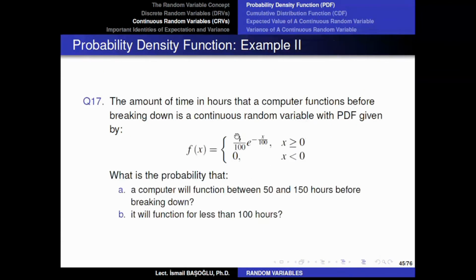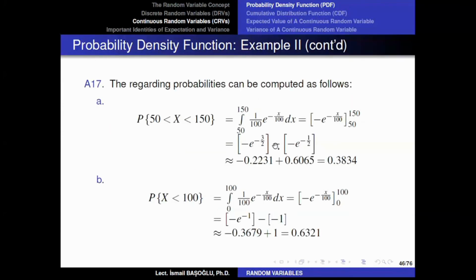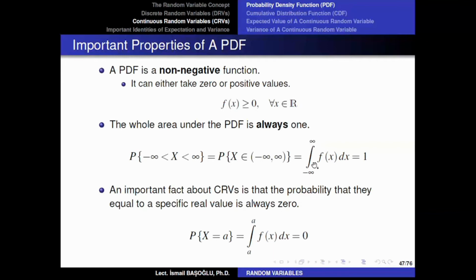I mean, if you integrate this function from 0 to infinity, again, you are going to get a 1. So this is the golden rule, my friends. The total area under a PDF, the integral of the PDF from minus infinity to plus infinity, will always be equal to 1.